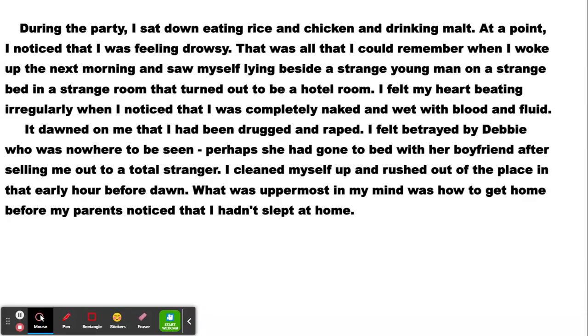It dawned on me that I had been drugged and raped. I felt betrayed by Debbie, who was nowhere to be seen. Perhaps she had gone to bed with her boyfriend after selling me out to a total stranger. I cleaned myself up and rushed out of the place in that early hour before dawn. What was uppermost in my mind was how to get home before my parents noticed that I hadn't slept at home.